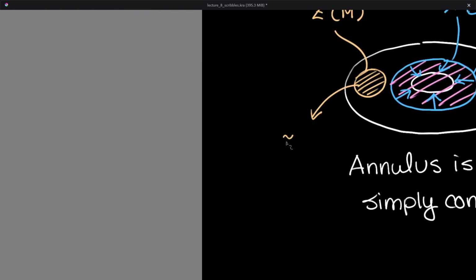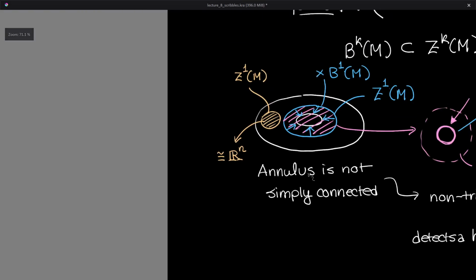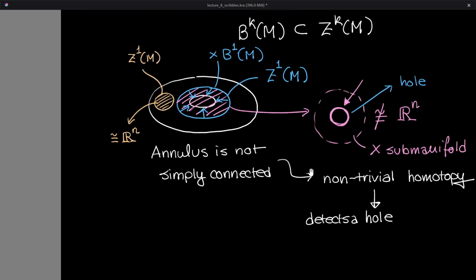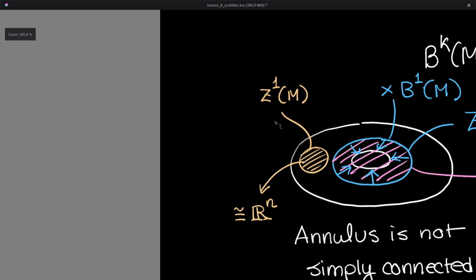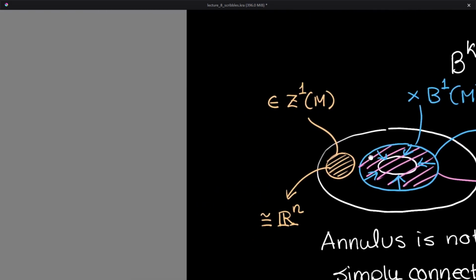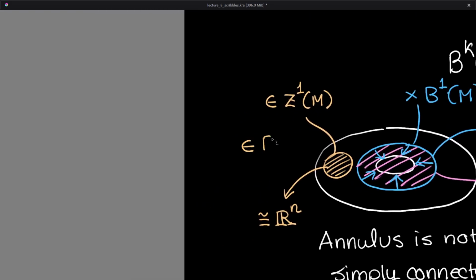This is isomorphic to Rn. So this is bounding a submanifold, right? This is the boundary of some submanifold. So this is both an element of Z1M, and it's also an element of B1M.